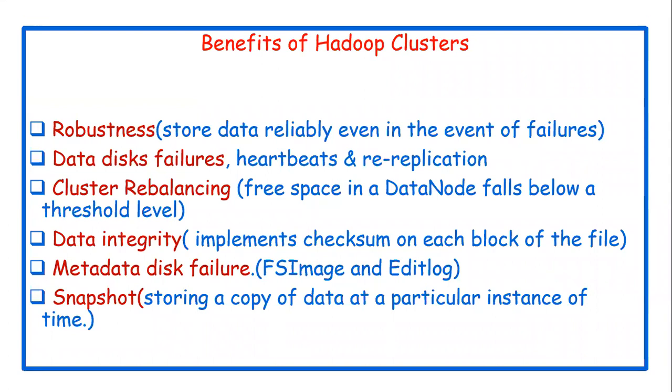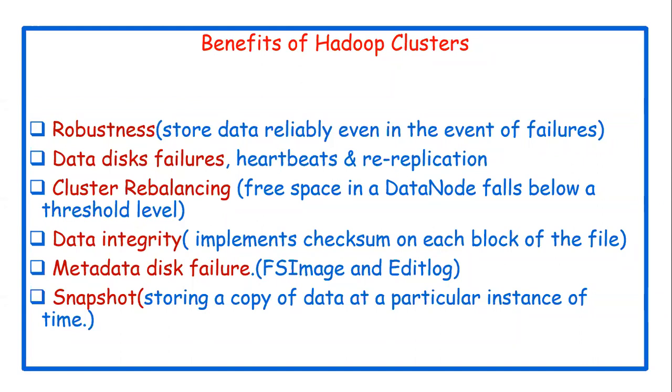Next one is metadata disk failures. We already discussed this in the first unit. The name node or secondary name node will follow two files: the file system image and the edit logs. Edit log means every time we modify things, those modifications we have to keep as edit logs. The FS image means file system image. Because the file system is large, 1 terabyte, 2 terabytes, 3 terabytes, you can't identify where a particular block or data node is.